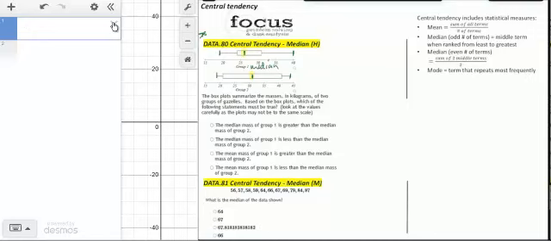When you look at these, you can't tell anything about the mean, the average, because it doesn't give you the frequency of each score. But you can tell where the median lies. The median of group 1 is a little above 25, between 25 and 30. The median of group 2 is between 30 and 32, a little above 30.